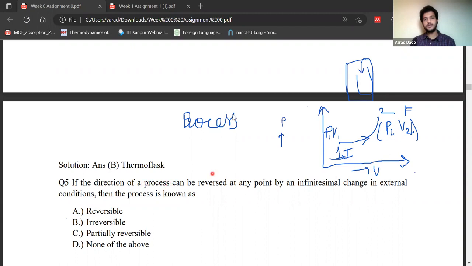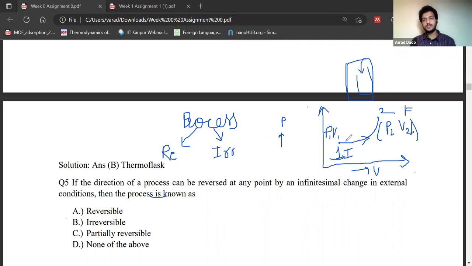Thermodynamic process. Okay, and then come the types of processes. So a process can be divided into two types: one is reversible, and the other is irreversible. So what is a reversible process?